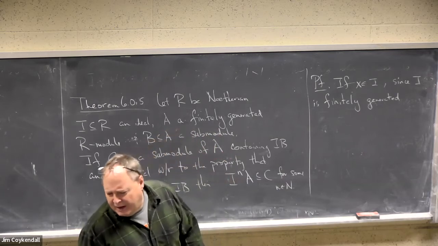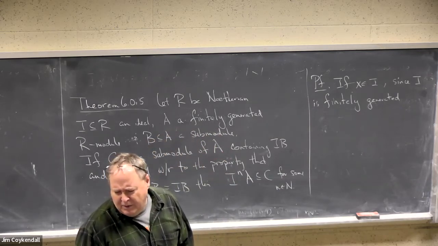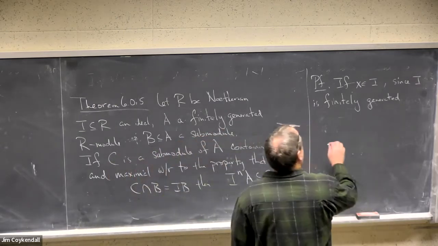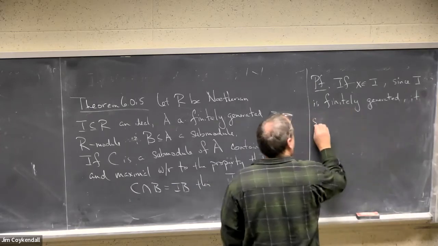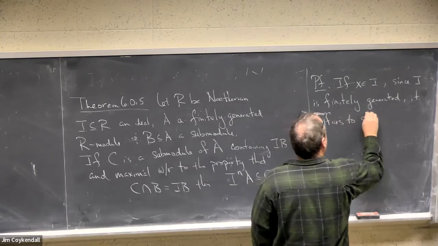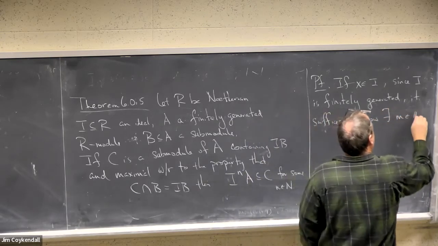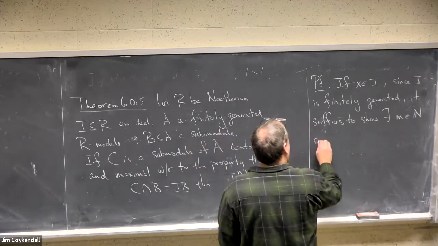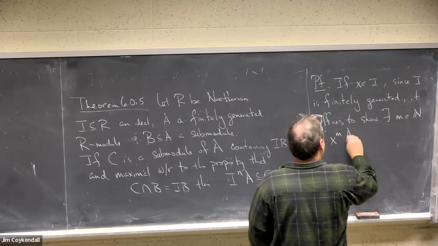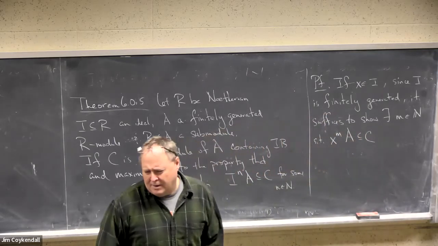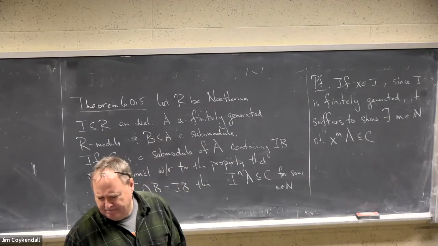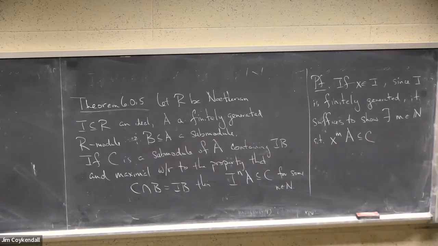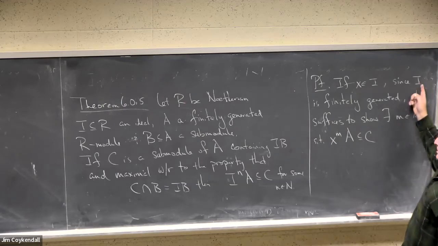Since I is finitely generated, what we need to do is show there is some natural number m such that x to the m times A is in C. To this end, since I is finitely generated, it's generated by some finite set, right?